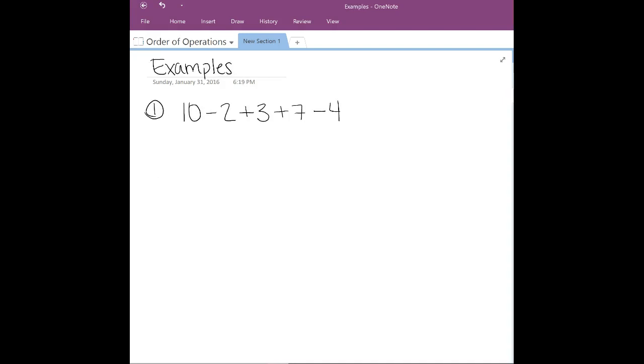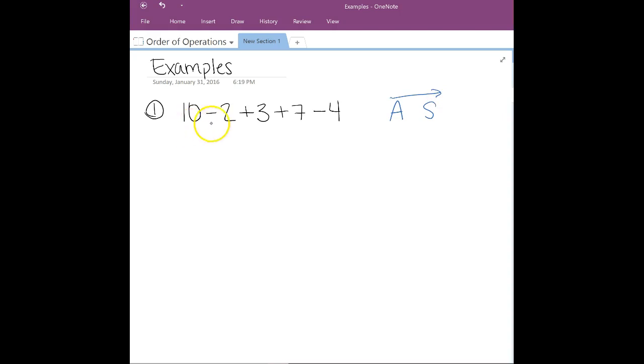Let's try an example. 10 minus 2 plus 3 plus 7 minus 4. In this example, we have addition as well as subtraction. They're both at the same level, so we're just going to go from left to right.